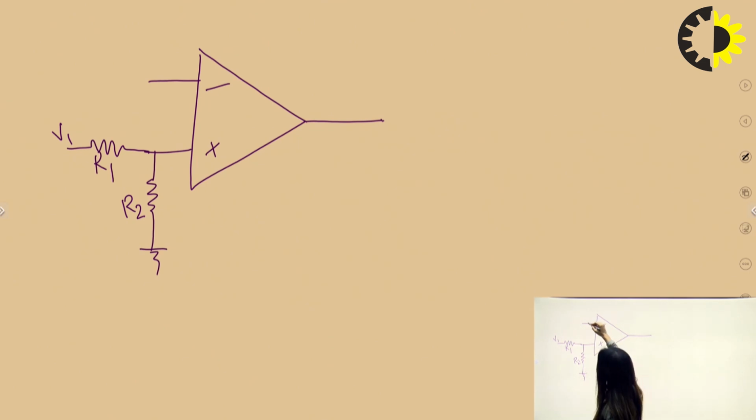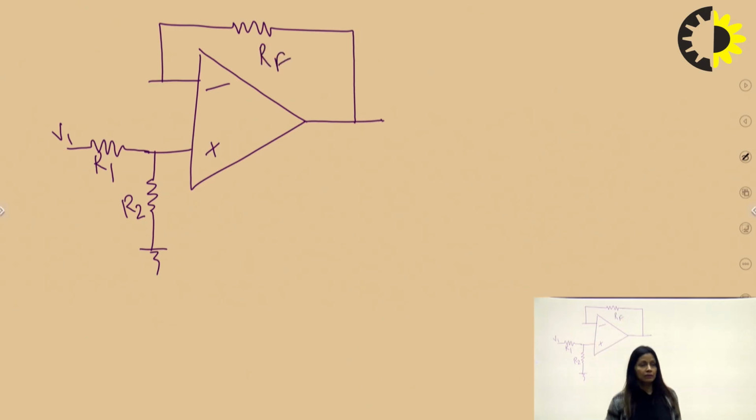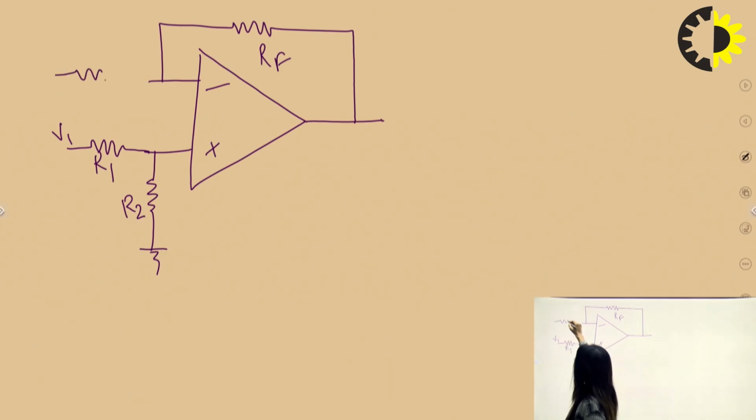Now I am connecting a feedback resistance between the inverting terminal and the output terminal. Now I want to give another voltage to my op-amp, V2, and I will give it through some R3 resistance.